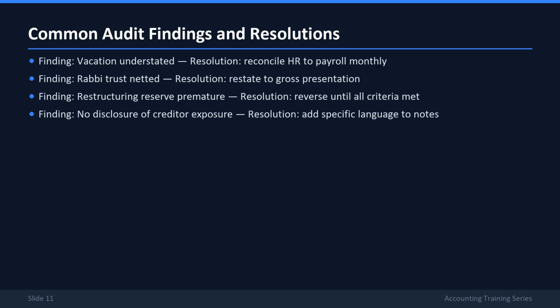When a restructuring reserve has been recorded prematurely, the entry must be reversed until all four ASC 420 criteria are satisfied. When the creditor exposure of rabbi trust assets is not disclosed in the notes, the specific language must be added describing the risk.